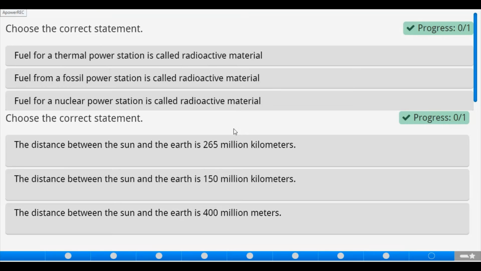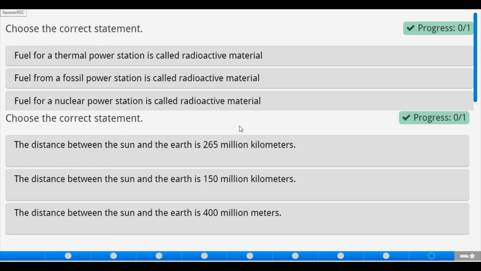So we won't go without dealing with the fact that we need to choose correct statements. So let's deal with number one. Out of the three statements, we choose the best. Fuel for a thermal power station is called radioactive material. Radioactive materials are not used in thermal power stations or heat power stations, so the statement is false. Fuel from a fossil power station is called radioactive material.